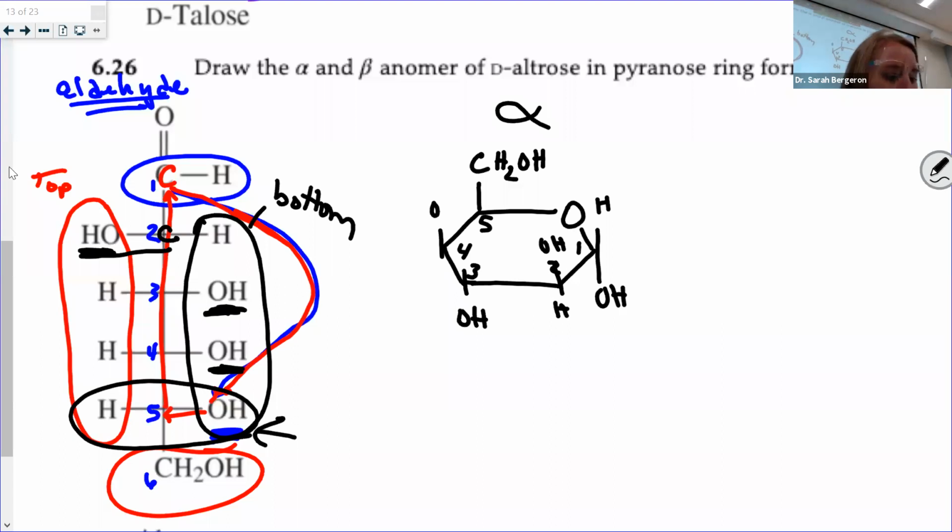Bottom. I'm drawing it on the top. Bottom. All right. And then carbon 5, right? What do we have to do with carbon 5? We've got that oxygen already in the ring. So now we just need to add a hydrogen in. So I'm going to kind of erase my numbers on the inside. I feel like it's gotten so clustered. Okay. So what you should have is an OH here, H, H, and then coming down is an H.